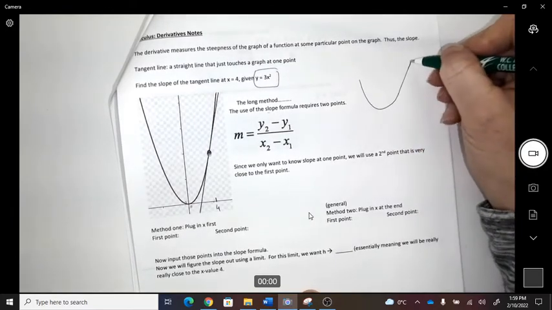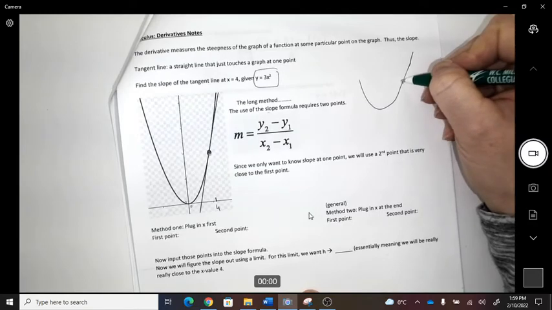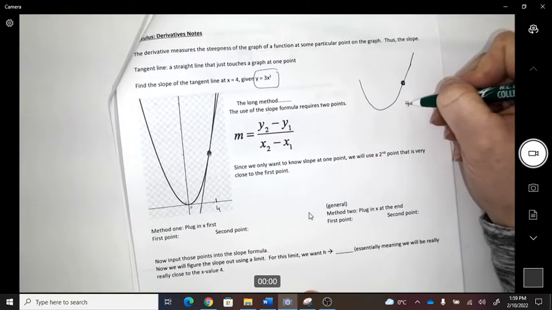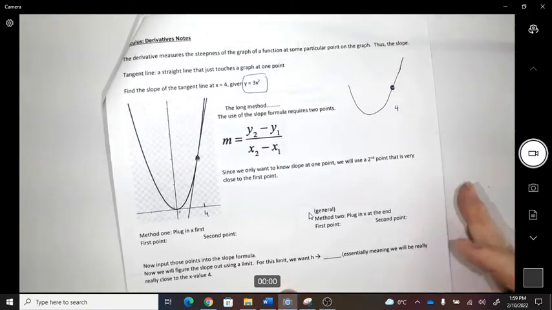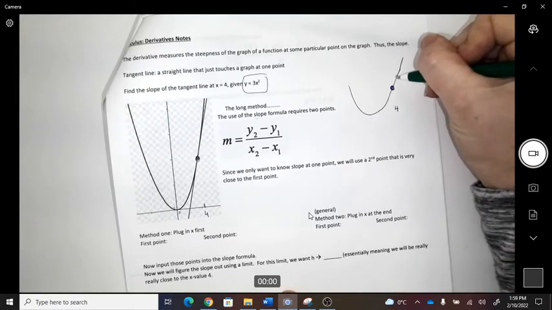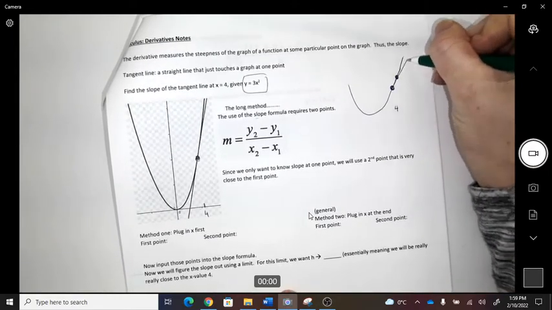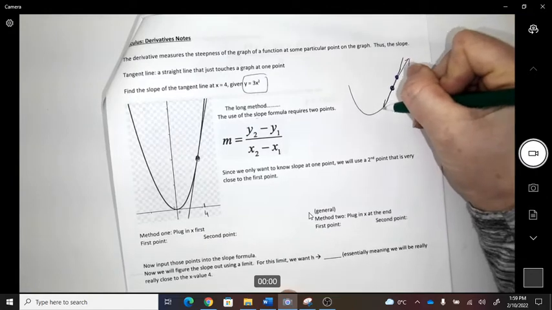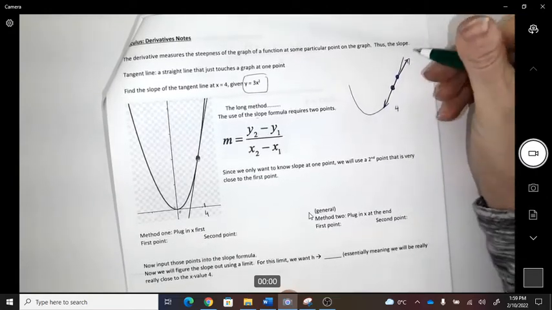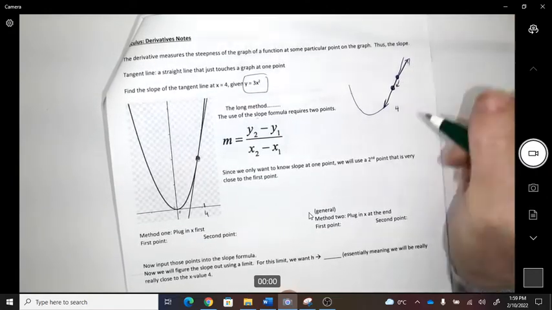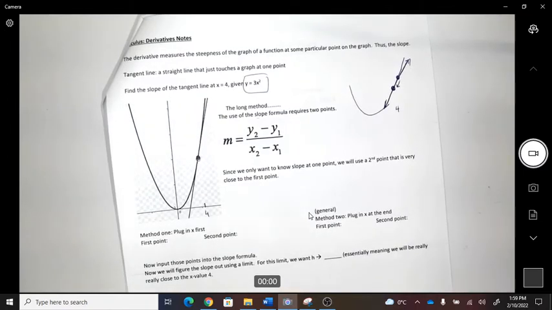Okay, so like I talked about, I'm basically having this idea. I'm taking two coordinates and the line that goes through those coordinates. And my goal is to try to move the second coordinate closer and closer.